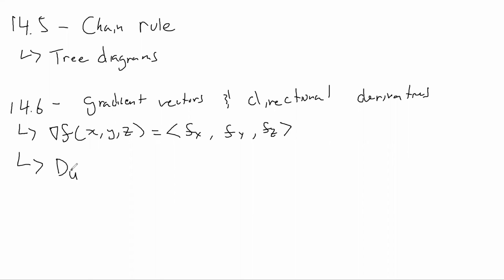Normally you'll see the directional derivative in this form, where you have a function f and a unit vector u, and we're trying to find the directional derivative of f along u. We'll be covering examples dealing with directional derivatives.